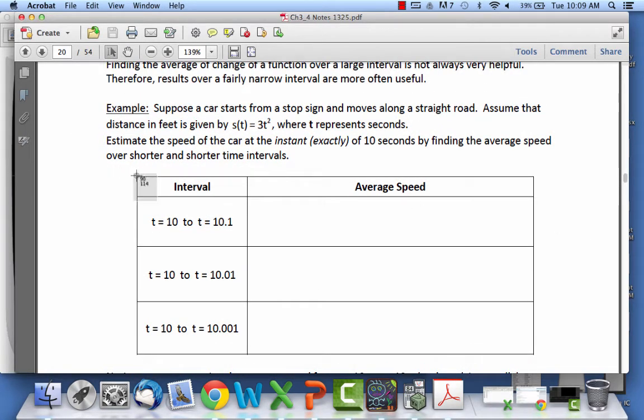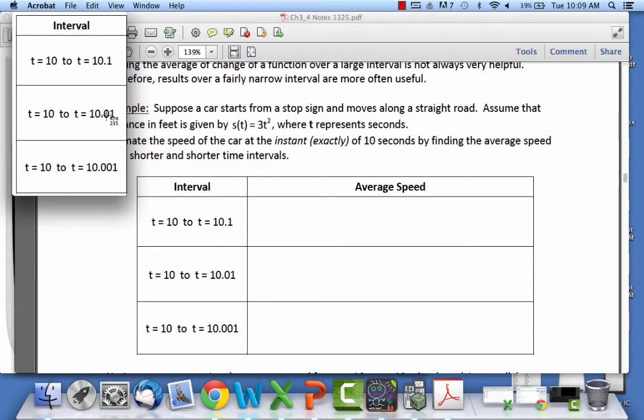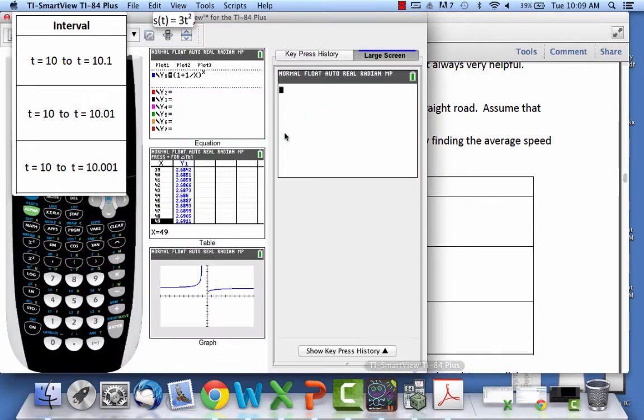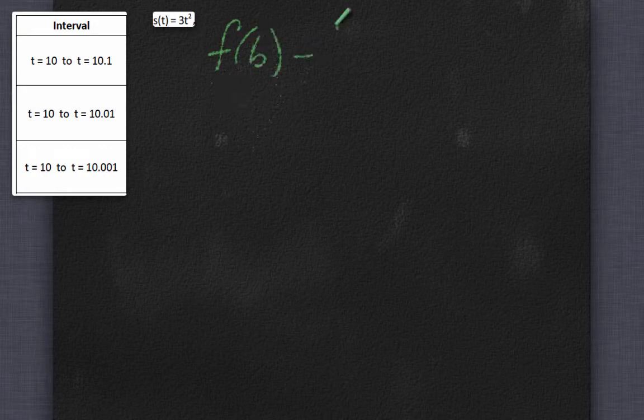So generally speaking, remember that what we're doing is f of b minus f of a over b minus a.